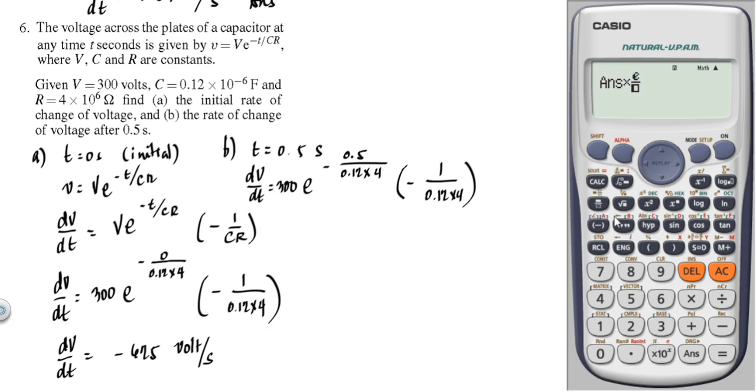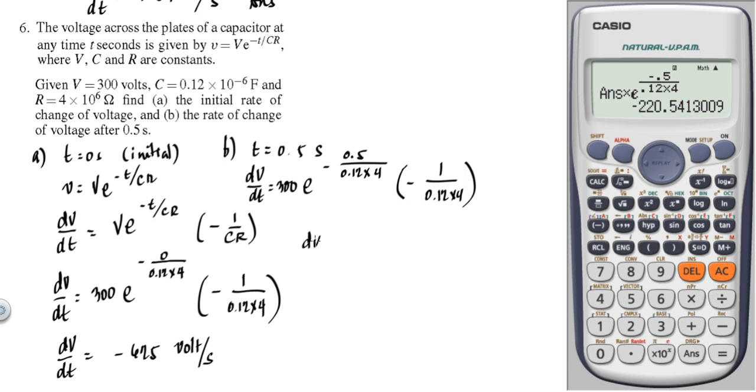There. So, times e raised to minus 0.5 over 0.12 by 4. There. So, press equals minus 220.54.